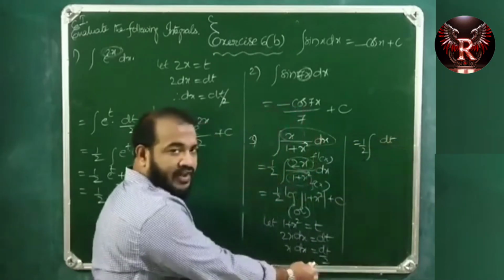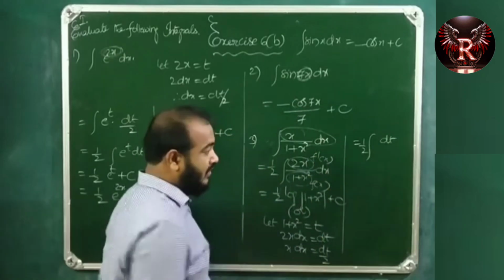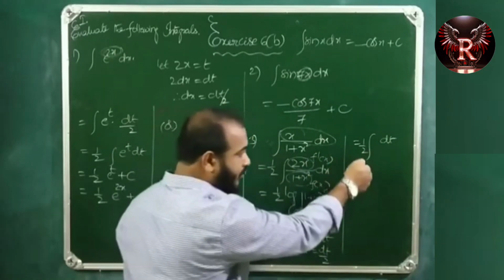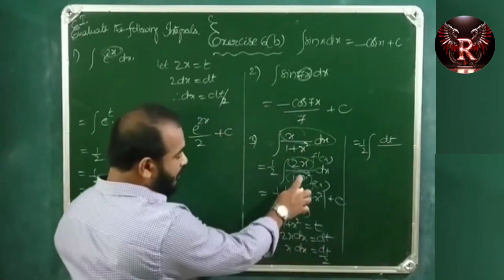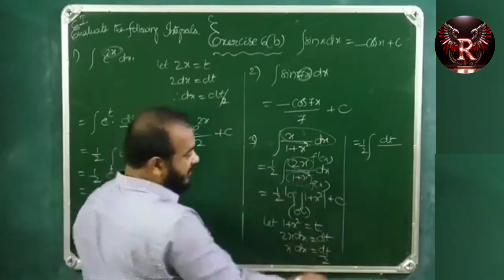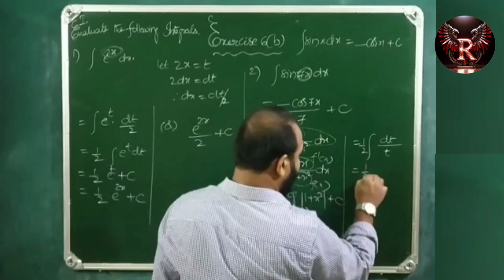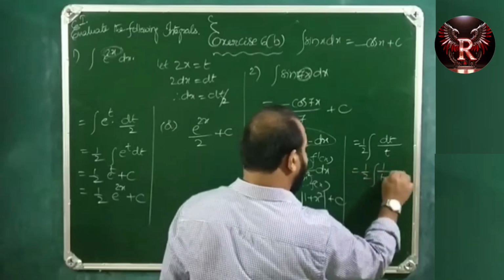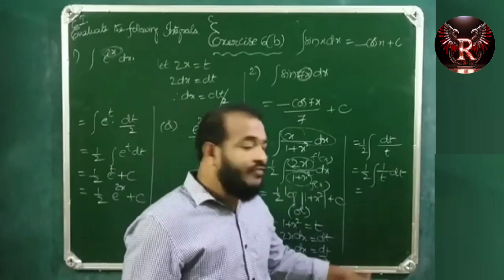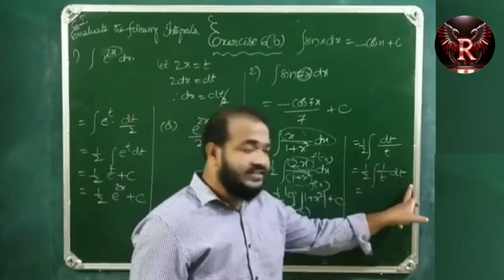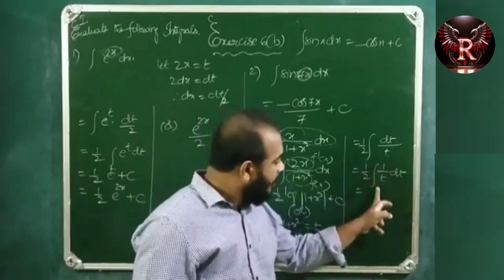So this 1 by 2 I have separated from the process of integration. dt by 2 I have written as 1 by 2 into integral dt by, what is 1 plus x square that we have taken earlier? t. So this is the form integral 1 by t dt. So we know the formula for integral 1 by x dx is log mod x. What is integral 1 by t dt?